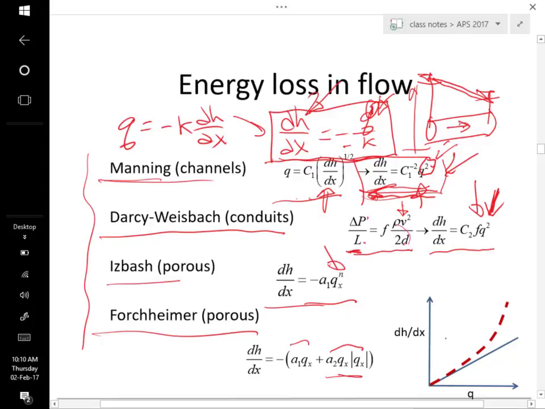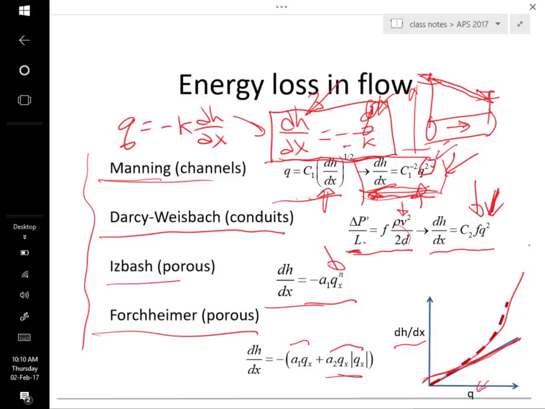What you end up with is the head gradient plotted as a function of the flow. This is what you get for laminar conditions. Under turbulence, it rises more quickly. So that's a way to characterize the energy dissipation in the flow.